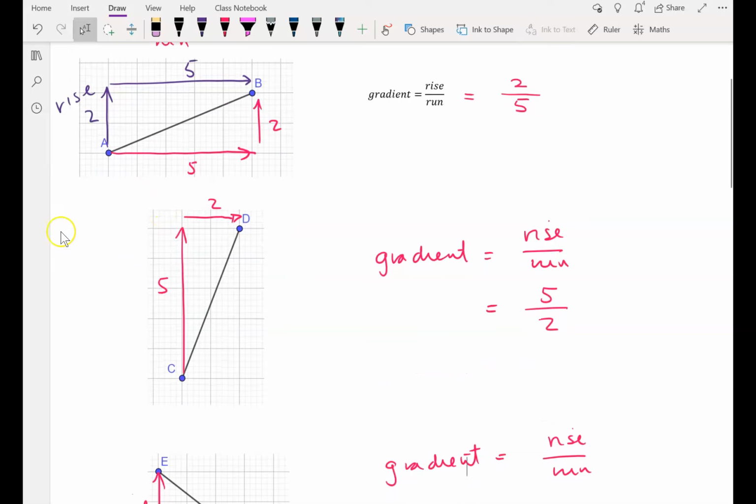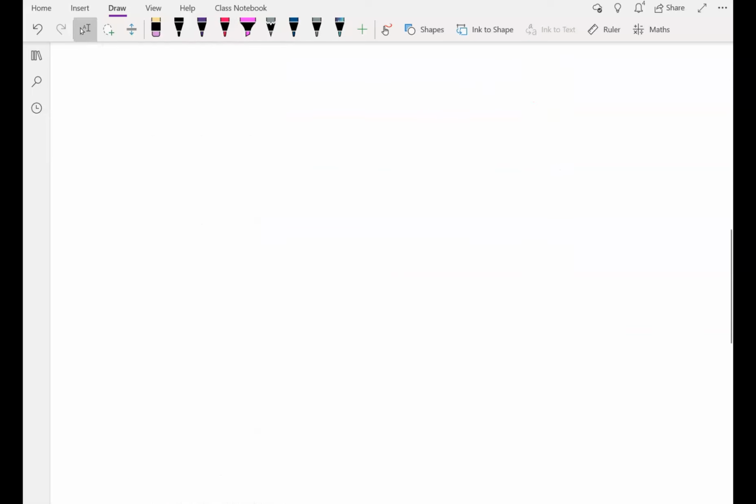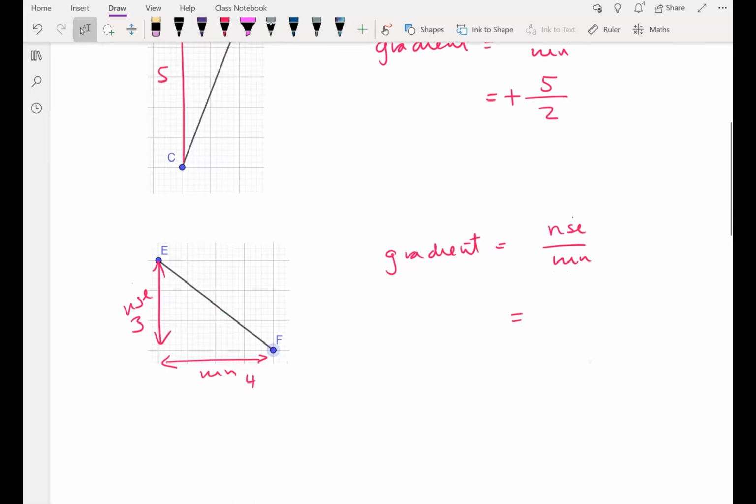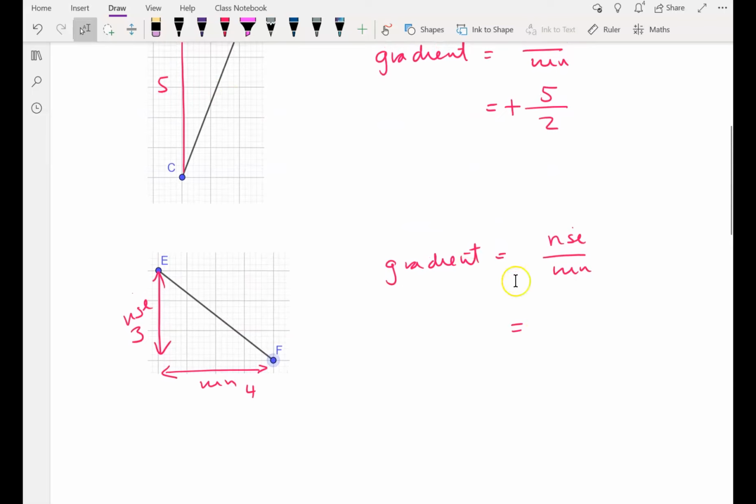When lines are going from bottom left to top right, in that direction, then they're going to be positive numbers, positive gradients. However, when a line is going the other way, when it's going this way, then we're going to say it's a negative gradient. So we're going to say this one is going to be minus 3 over 4.